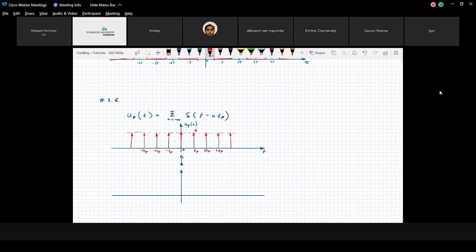I show that we get a sequence; spacing between delta pulses will be 1 over T subscript P. One over T.